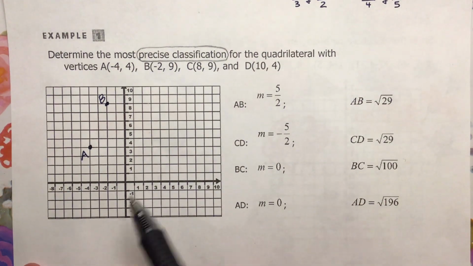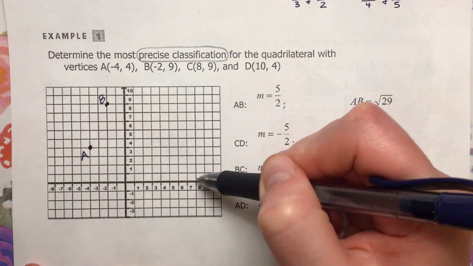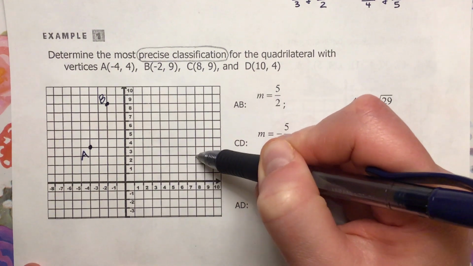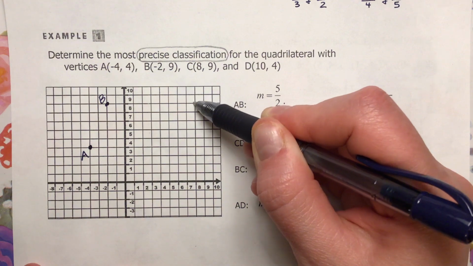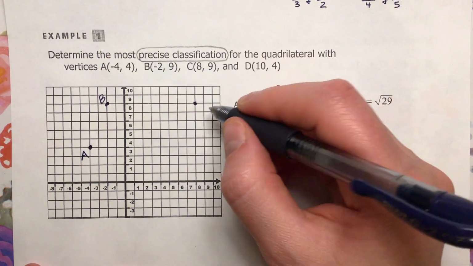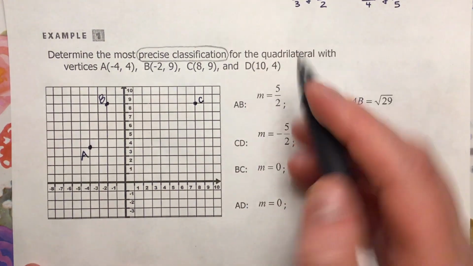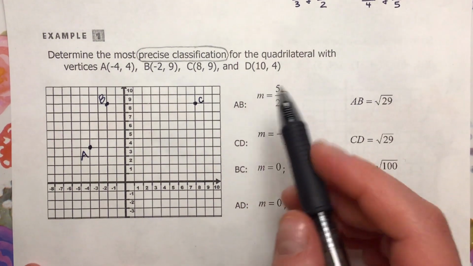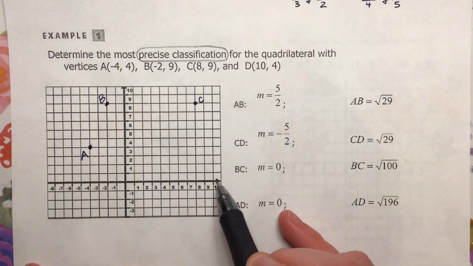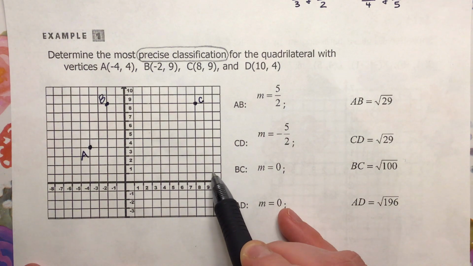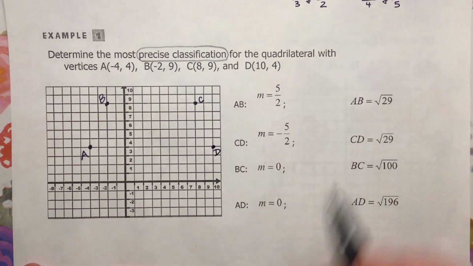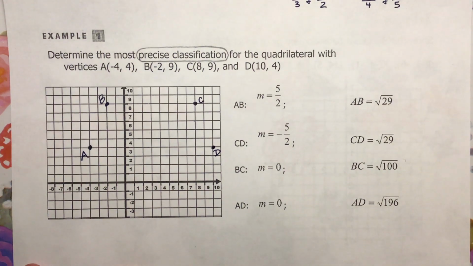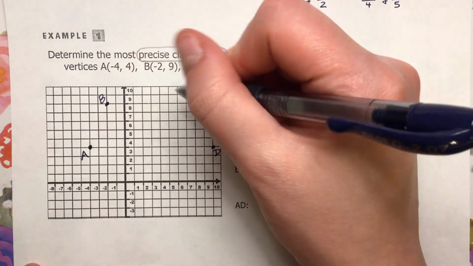C is at 8, 9. And D is at 10, 4. So I'm going to go over to 10 and then up 4. 1, 2, 3, 4. That is point D. Okay, and then, of course, we want to connect these points.